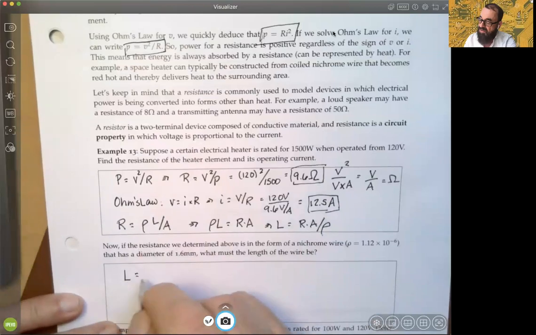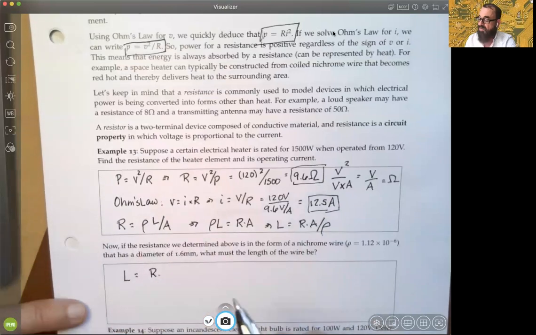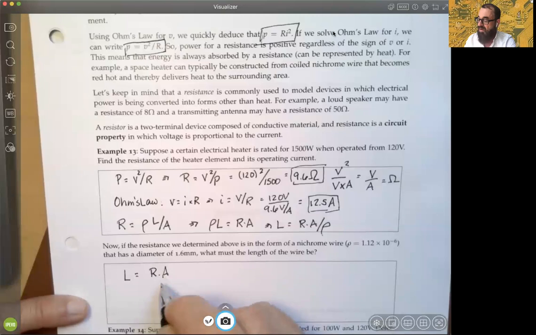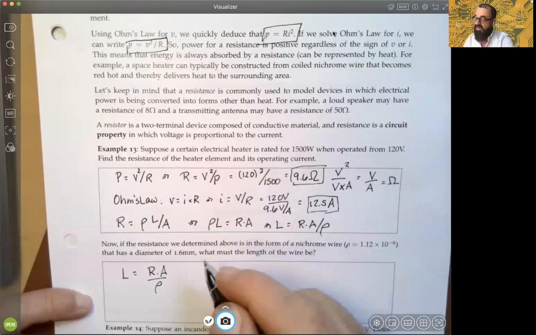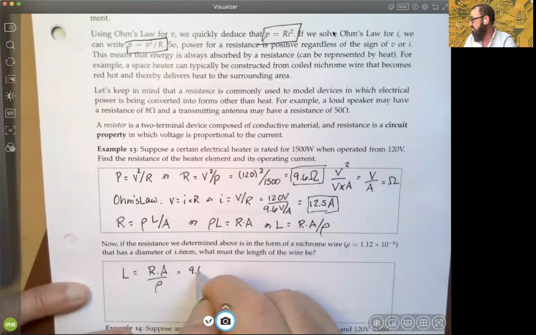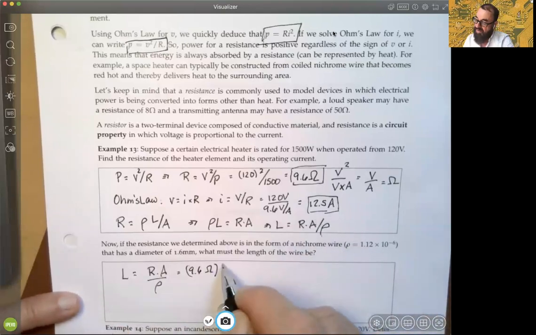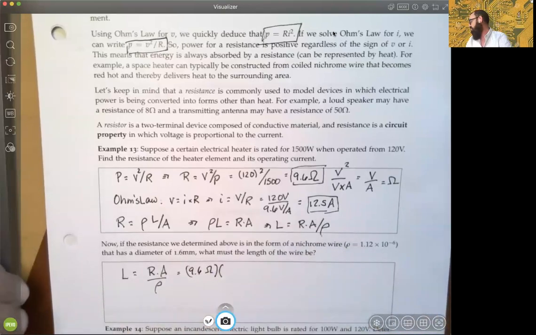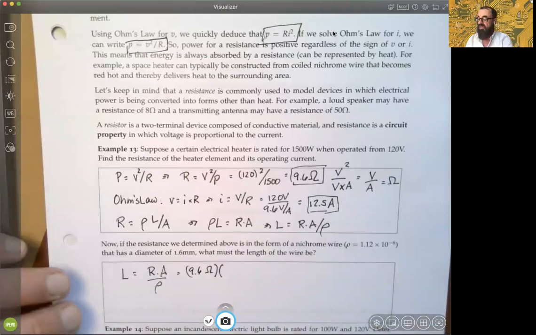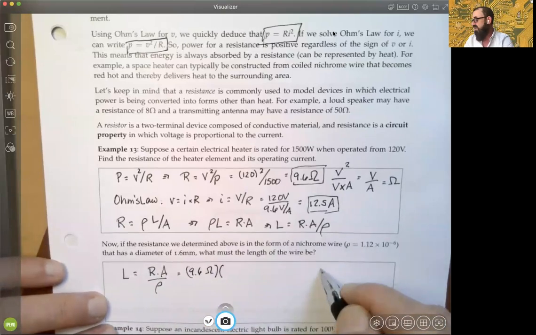So again, L is just the resistance, which we know, 9.6 ohms, times the area divided by rho, okay? So in this case, we'll plug in some values, 9.6 ohms, and we need the cross-sectional area, okay? All right, so we have to think about how we get the cross-sectional area. So let's just come over here to the side.